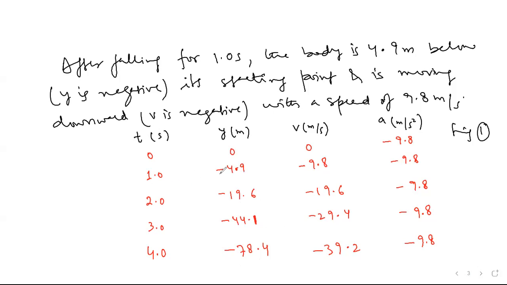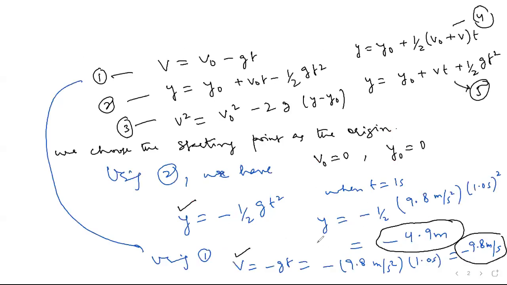This first line we have done, we've solved it. This thing you have to solve, you have to check velocity and position at t is equal to 2 second, you have to check velocity and position at t is equal to 3 second and t is equal to 4 second. Using this equation, y is equal to minus half g t square and v is equal to minus g t.